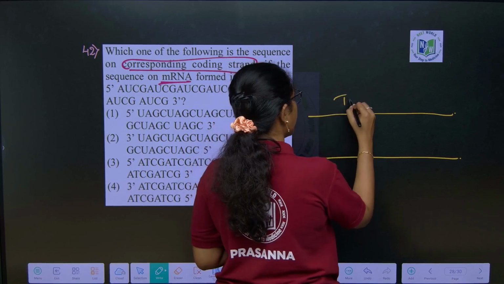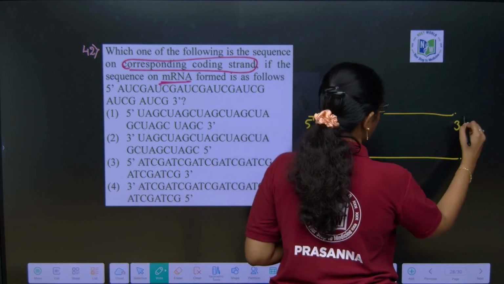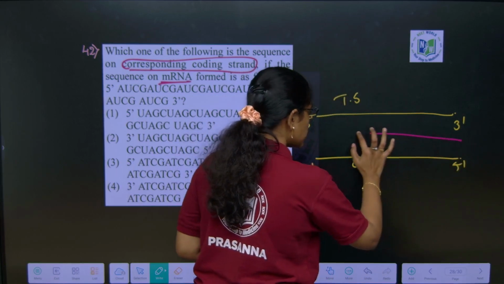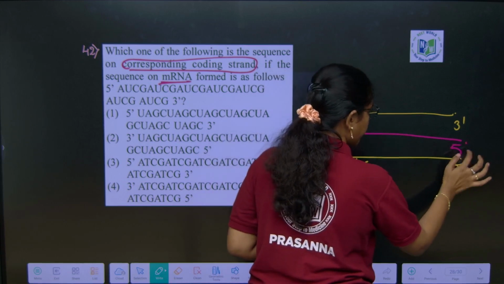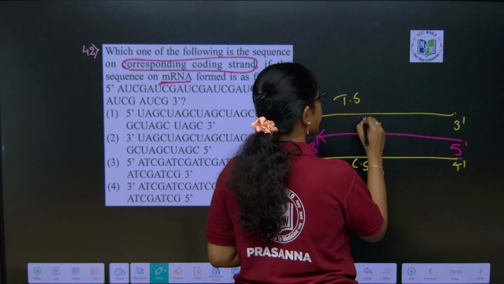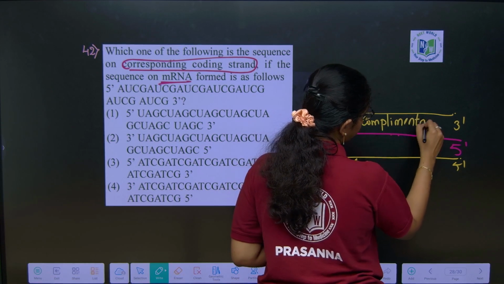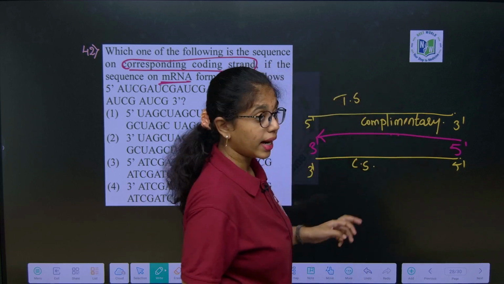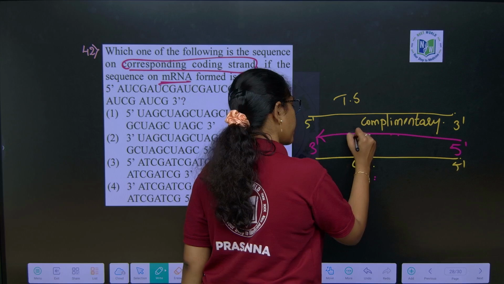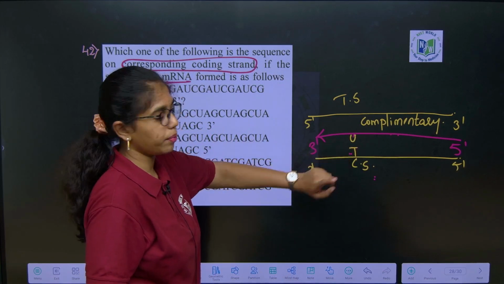If this is the template and this is the coding strand from 5 prime to 3 prime, and this is from 5 to 3, mRNA synthesis will be forming from 5 prime to 3 prime. This will be complementary to the template strand, and mRNA will be same as that of the coding strand, except where U is there, T will be there. That's it. In the place of uracil, thymine will be there.